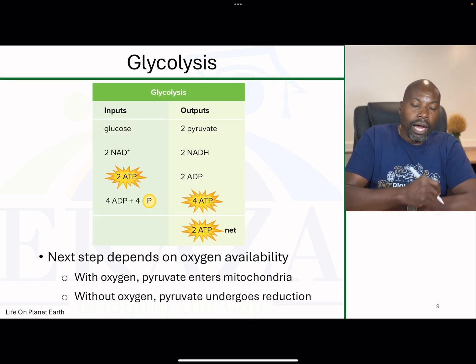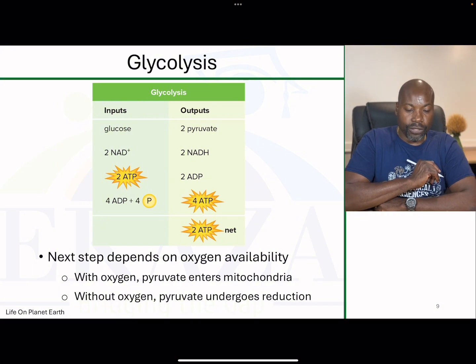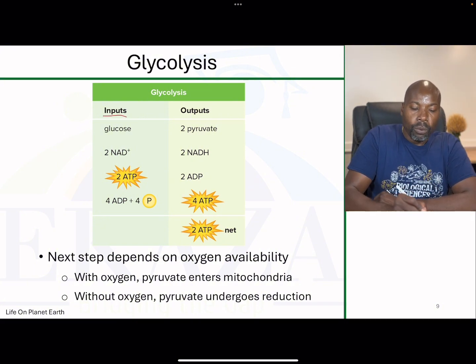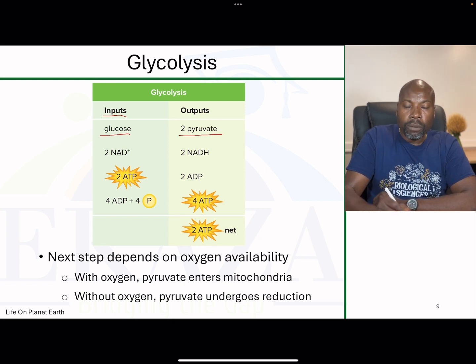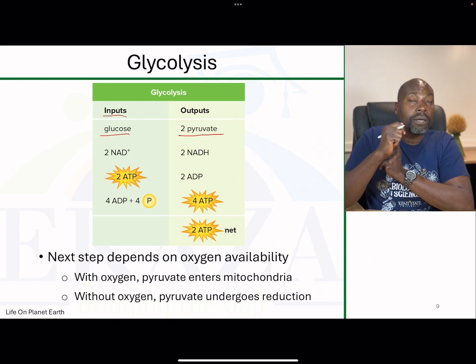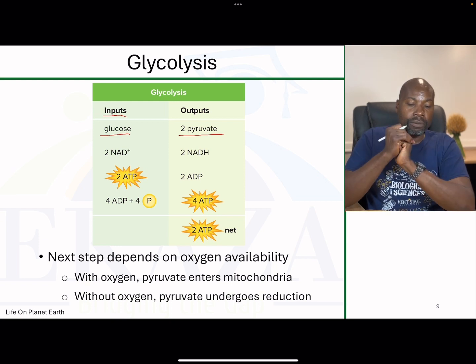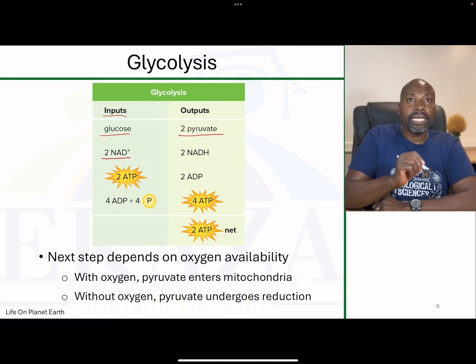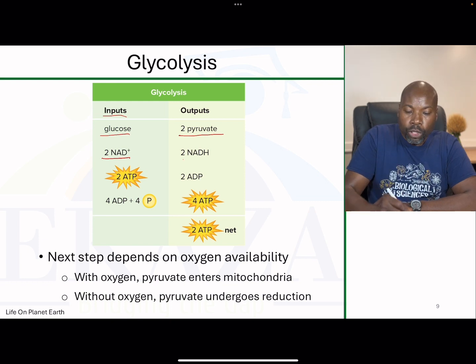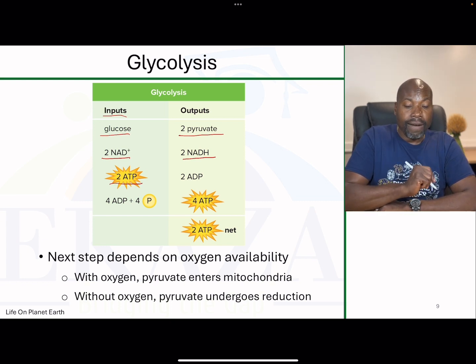Now, what are the input and the output of glycolysis? As input, we have glucose. For glucose, the output is going to be 2 pyruvate molecules. These are the carbon molecules that contain 3 carbons, right? Now, we have as input 2 NAD+, as output 2 NADH. For ATP, you have 2 ATP that were invested, right? You have 2 ADP after hydrolysis of these ATPs, right?